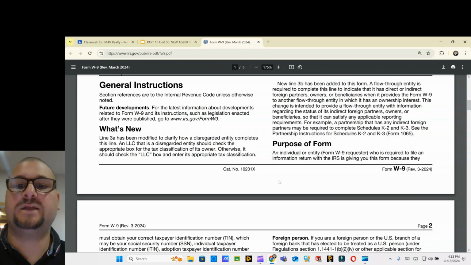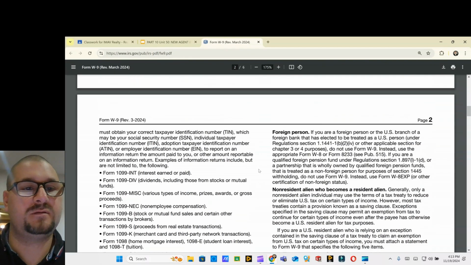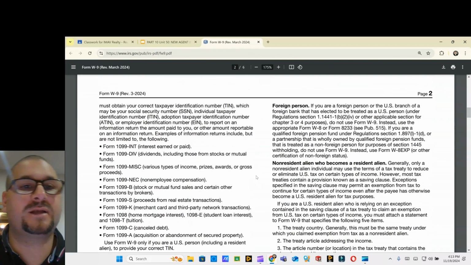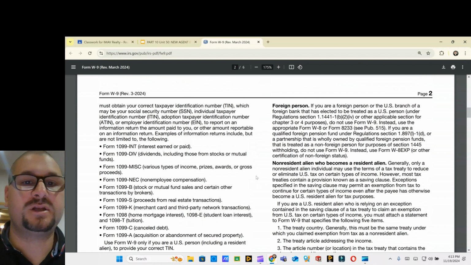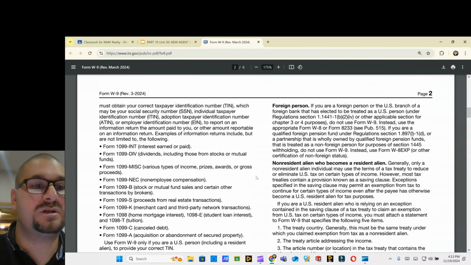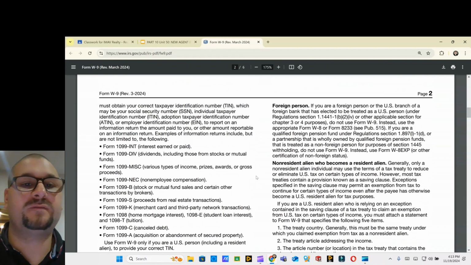An individual or entity Form W-9 requester who is required to file an information return with the IRS is giving you this form because they must obtain your correct taxpayer identification number, TIN, which may be your Social Security number, individual taxpayer identification number, adoption taxpayer identification number, ATIN, or employer identification number to report on an information return the amount paid to you or other amount reportable on an information return.